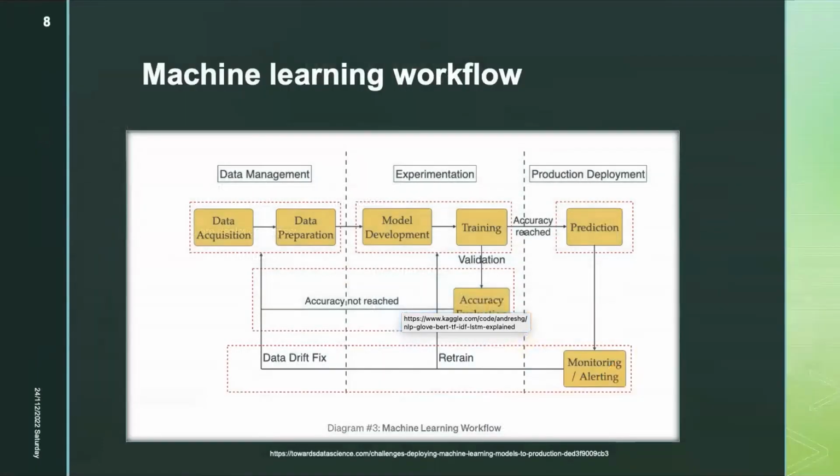The way we saw, we have different steps in a machine learning workflow: data acquisition, data preparation, model development, training. For each of these steps, it is very important to spend some time and not skip one. Let's say we have gotten the data, and we just use the latest autoencoded model and eliminate the exploration or feature engineering part.